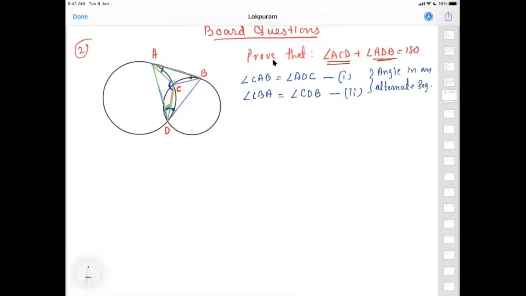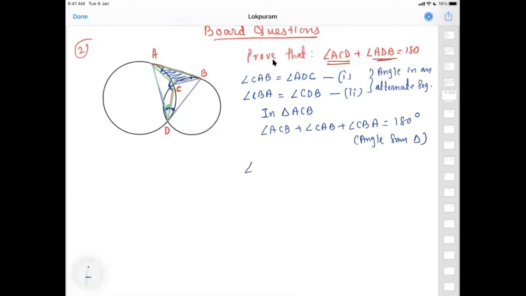Now we will take triangle ACB, the full triangle. Angle ACB plus angle CAB plus angle CBA is equal to 180 degrees. Is this part clear? Angle sum property of a triangle.